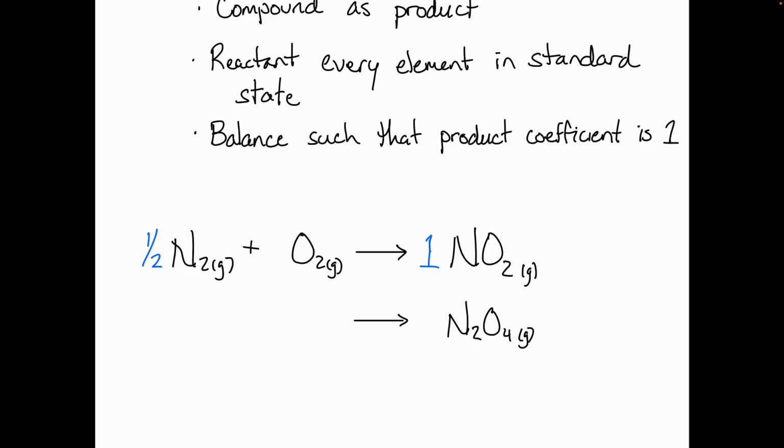All right, so same two elements. So my nitrogen in its standard state, my oxygen in its standard state. I'm going to keep this a 1 out front of my product side. So I'm going to balance, in this case, I'm going to need 2 of those oxygen gas molecules in order to do it.